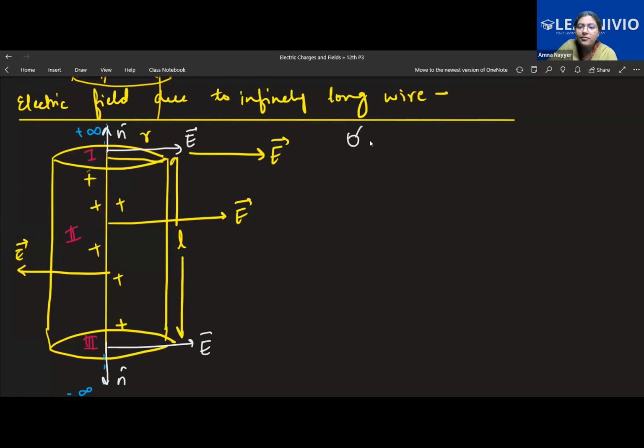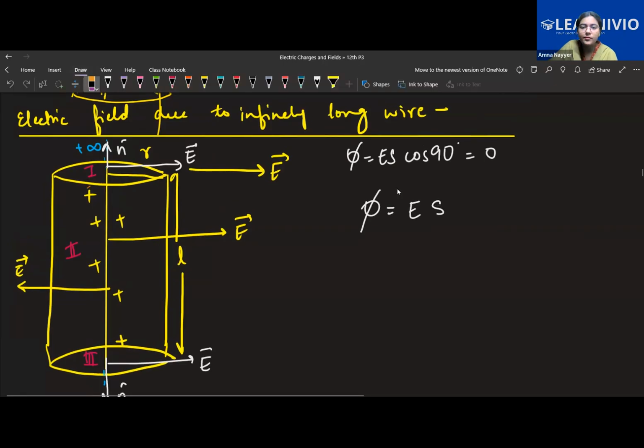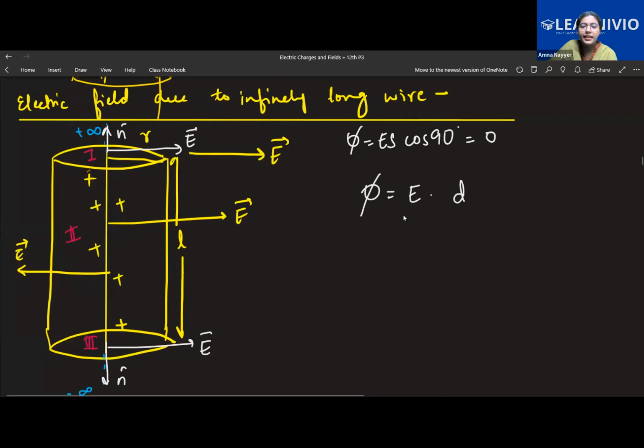So the flux as ES cos 90 degree is 0 due to the first surface and the third surface. So electric flux will be contributed by just the curved part. So that flux will be equal to E dot ds integral. So this is the electric field times the integral of ds.